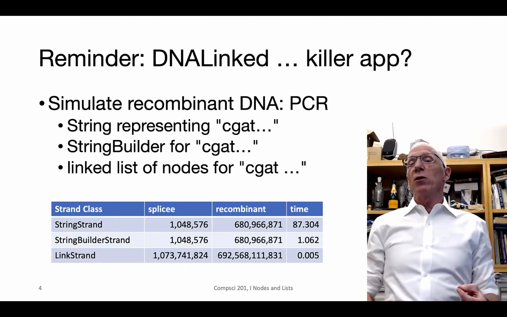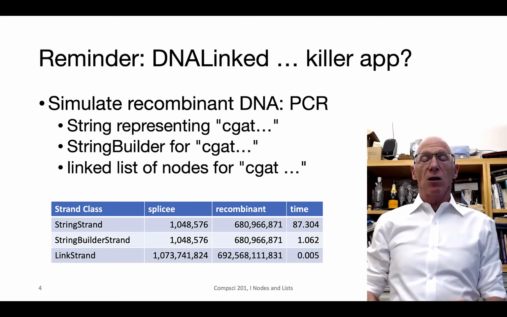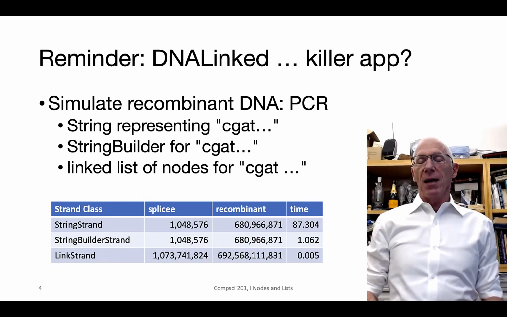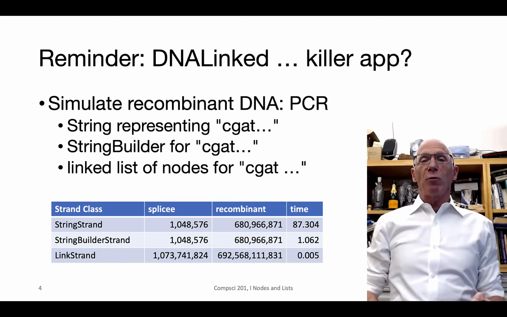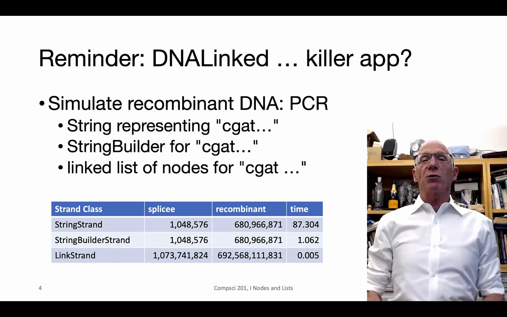This is a reminder that we've seen it briefly, the killer app for linked lists, low-level nodes, a simulation of recombinant DNA or polymerase chain reaction, with nodes representing each nucleotide or a group of nucleotides in a strand of DNA.